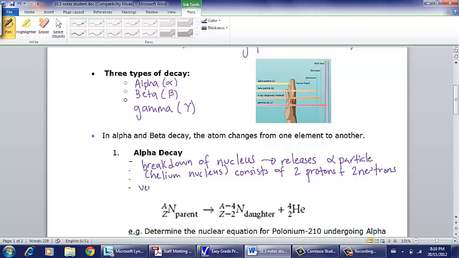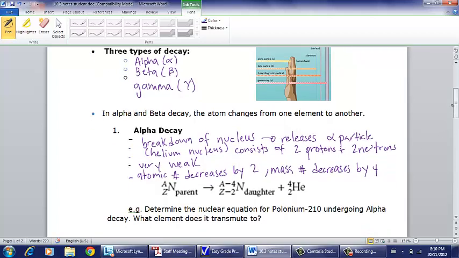It has very weak penetrating power, and as a result of alpha decay, the parent nucleus atomic number decreases by 2 and the mass number decreases by 4.